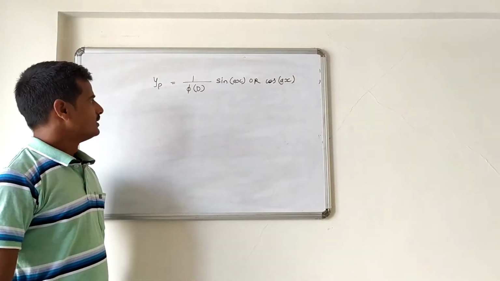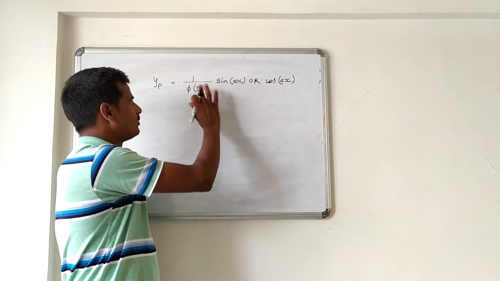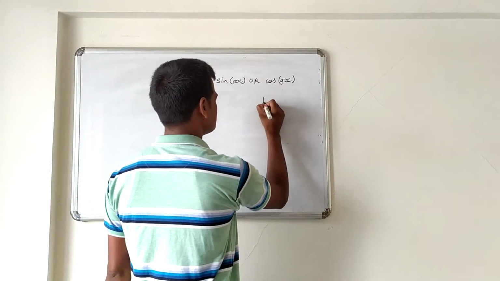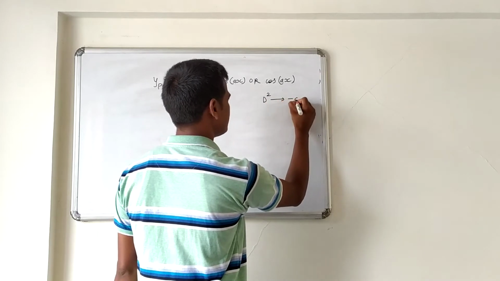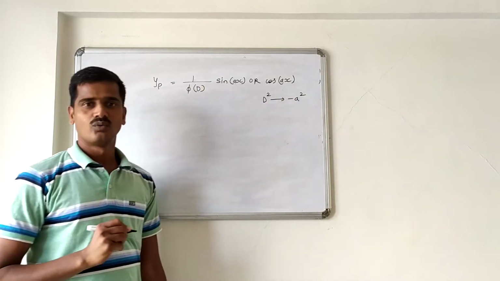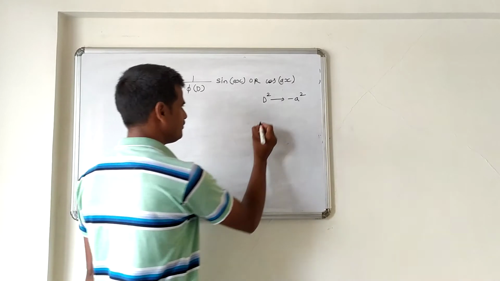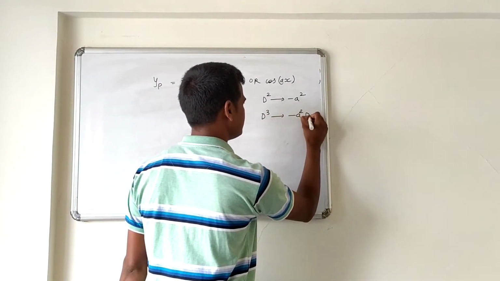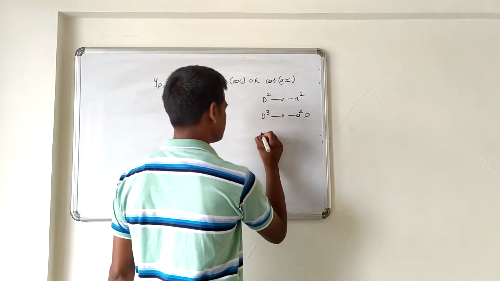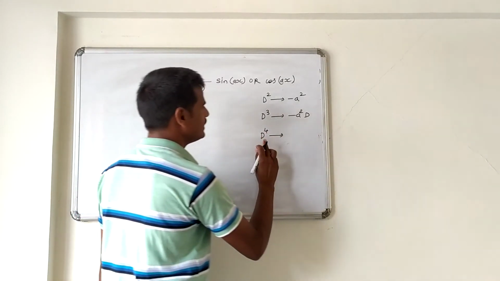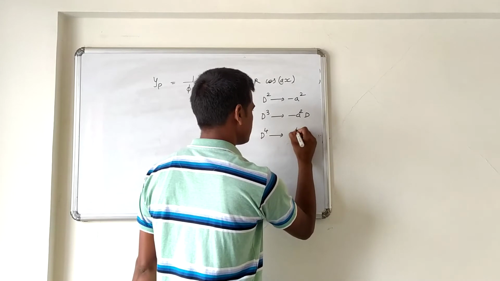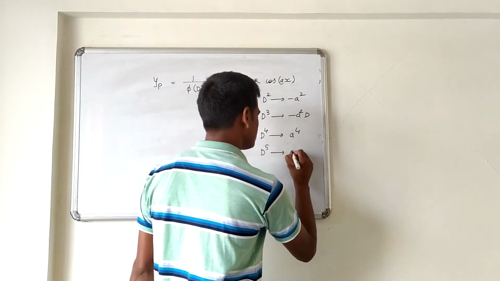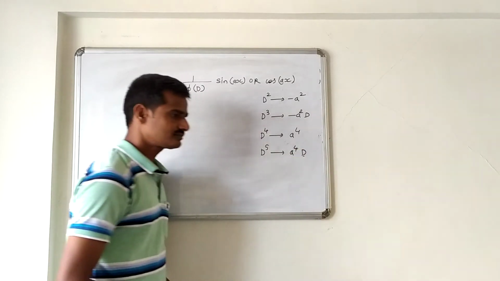Now you are allowed to replace d square by minus a square. Then what is the replacement for d cube? It is of course minus a square d. Then what is the replacement for d raised to power 4? It is a raised to power 4. What is the replacement for d raised to power 5? It is a raised to 4 into d.